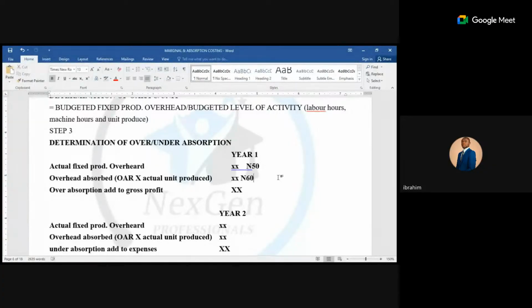Can you see the overhead absorbed? This overhead absorbed is your budgeted overhead. So overhead absorbed is greater, so we still have excess. Thank God. What do you do? You add it back to what? To the gross profit as over absorption.